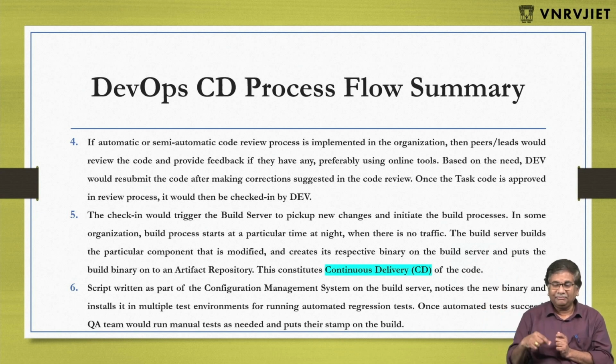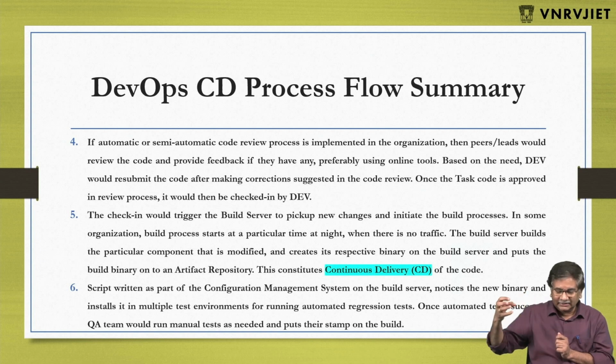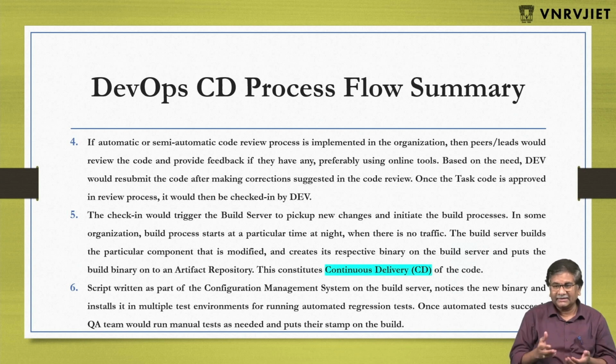When you implement an automatic deployment process, this is how it happens. As soon as the installer is generated, it will be installed onto the test machines, and the automated regression tests will run.